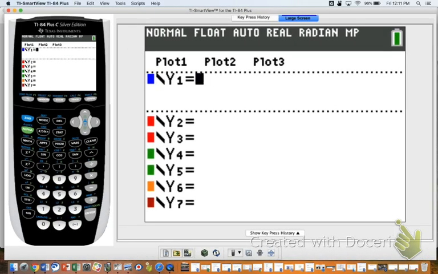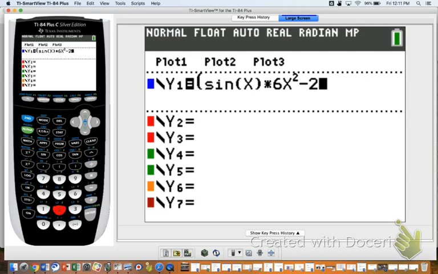Can I give you guys, I want to help you be really efficient with your calculator. Let me give you a little bit of direction here. What I'm going to do for my y1 is put my velocity function, that top one right there. So I'll go open parentheses because I know it's going to be the numerator of a fraction, sine of x times 6x squared minus 2x cubed times cosine of x, on the calculator.